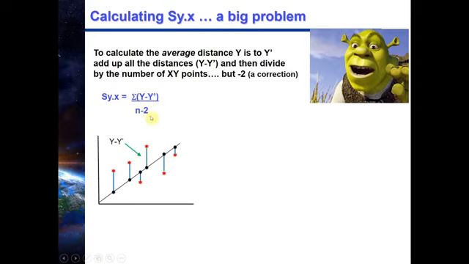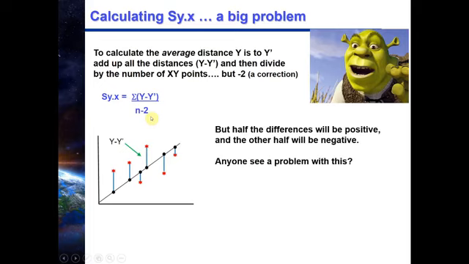There is a problem. Can you think about what the problem is? I shouldn't have shown you that, right? If you do all these y minus y primes here, this y value is going to be larger than this y prime. This one is going to be also larger, a bigger number than this y prime. And same thing here.